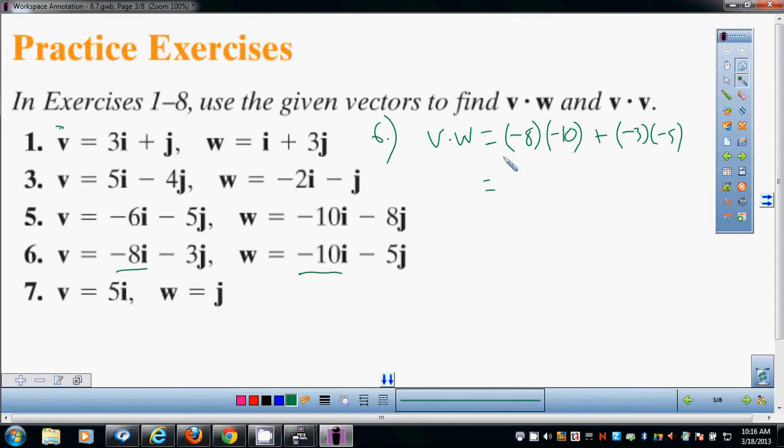So what is that, 80 plus 15? Which gives you a dot product of 95.